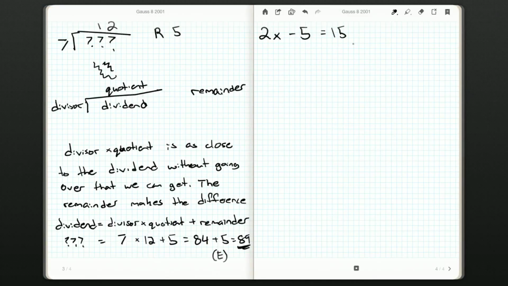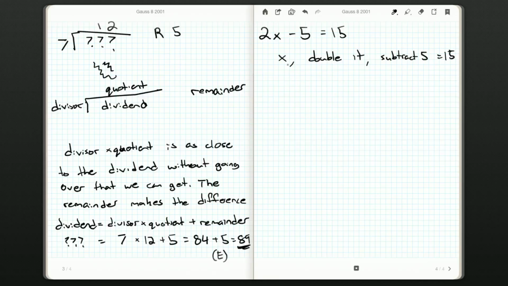We know 2x minus 5 is 15, so if we take x, double it, and subtract 5, that gives us 15.